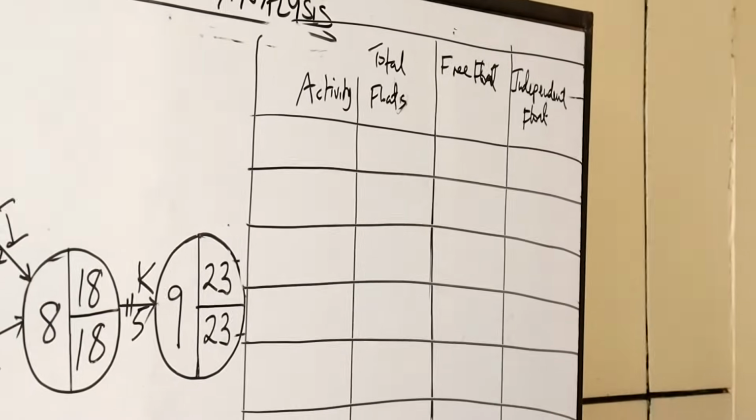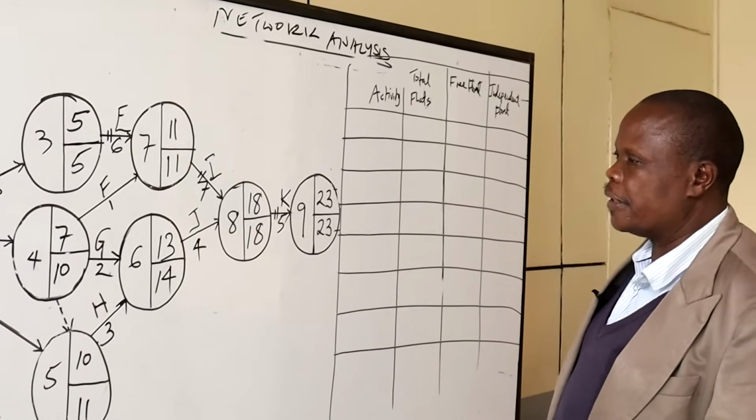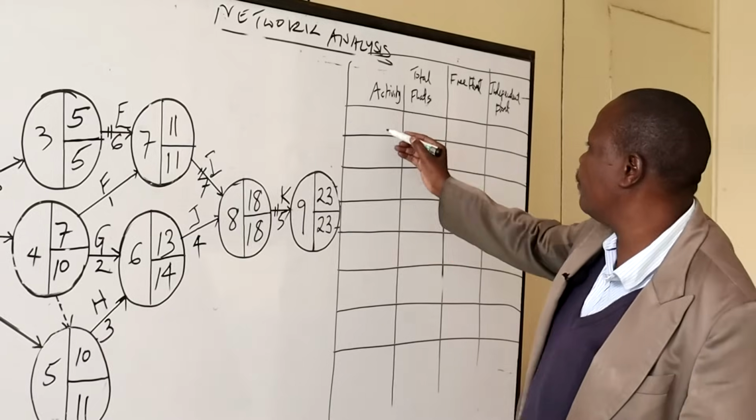So we have now to identify the activities which are not existing along the critical path.